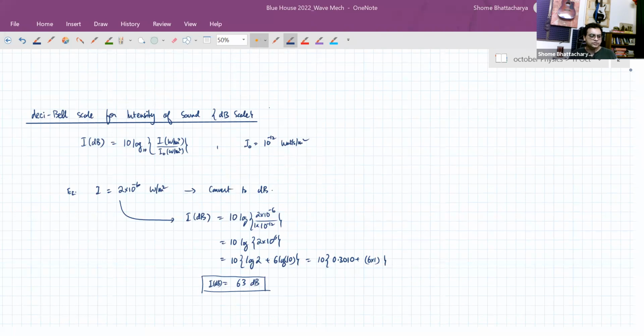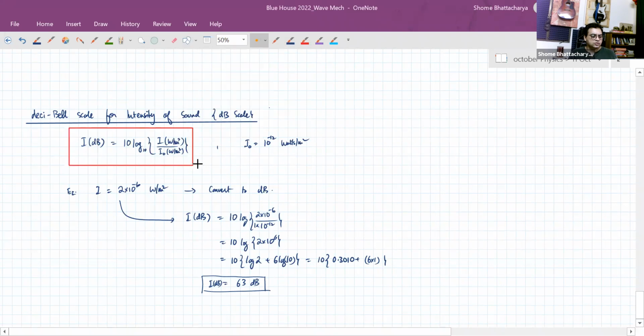Yes, very good, Samad, that's right. Okay. So this is something that is important from both your board level type of exams as well as from your JEE Mains and Advanced.